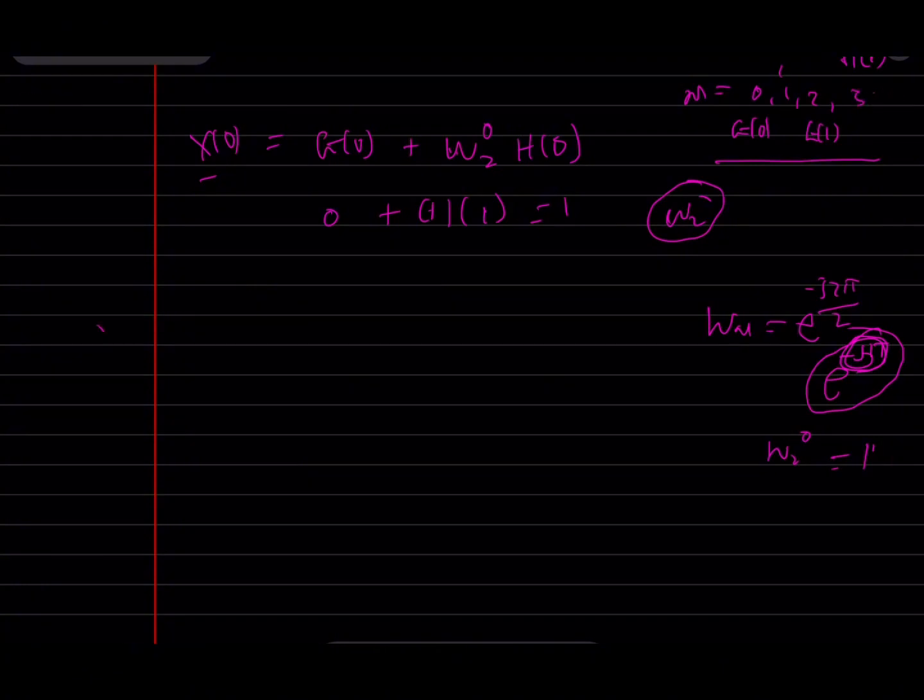So my focus is that our X of 0 is equal to G of 0 plus omega 2 of 0 H of 0, which is equal to x of 0 plus omega 2 of 0 x of 1. That's what you need to understand.